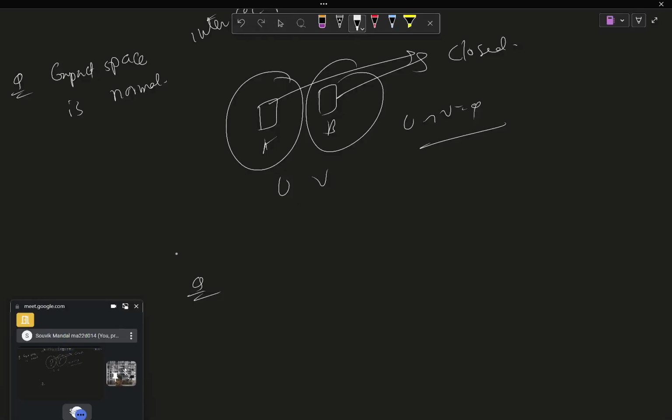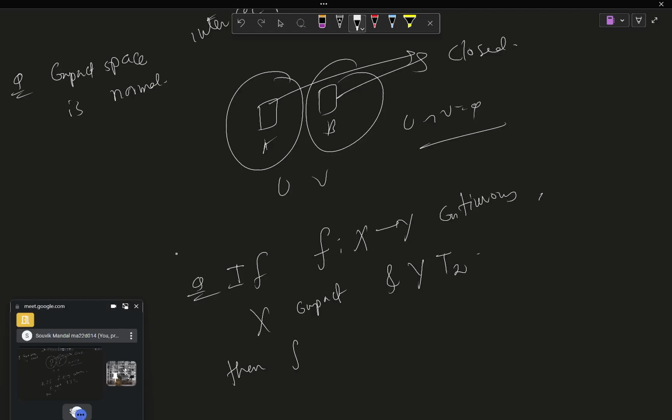Another second property is as follows: if f from X to Y is continuous and X is compact, Y is Hausdorff, then f is a closed map.